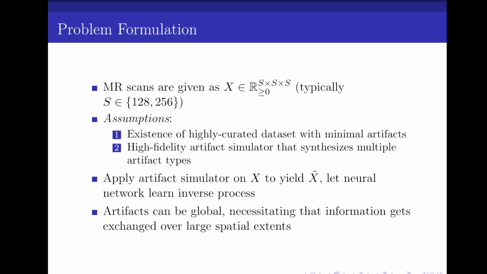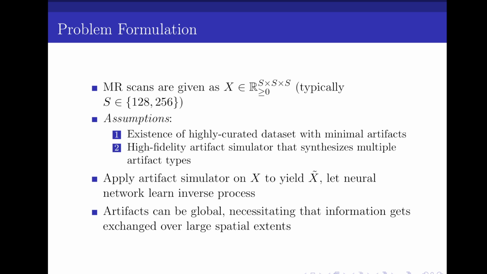Let's jump to the problem formulation. As I said, we conceptualize MR scans as three-dimensional images of some given resolution. We use 128 and 256 depending on the voxel size. We have two key assumptions. First of all, we assume that there is a highly curated data set with minimal artifacts.